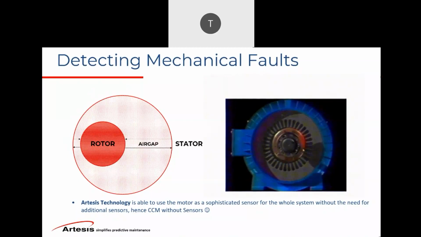So basically, this is how the system is seeing these mechanical problems, or even electrical ones, by these air gap distortions, because any kind of problem, whether it's on the motor, the drivetrain, or the driven equipment, will be propagated into this air gap.